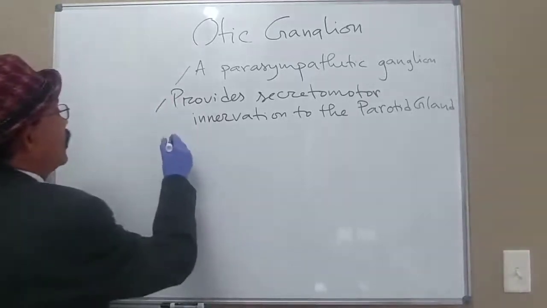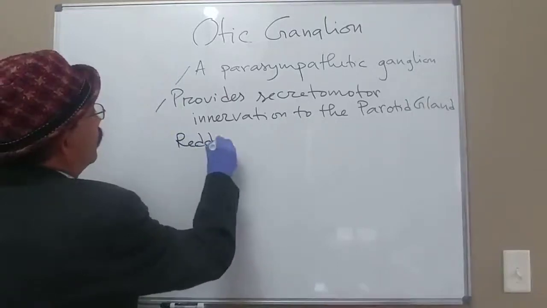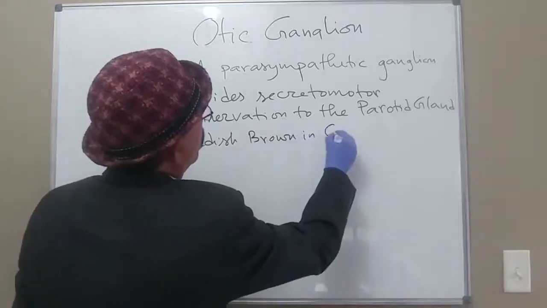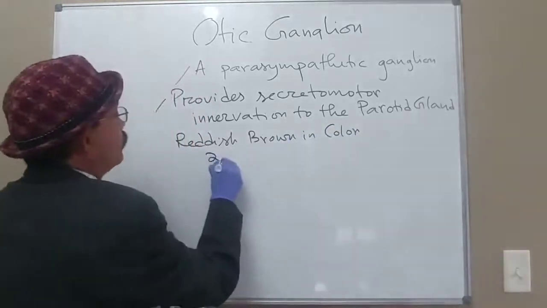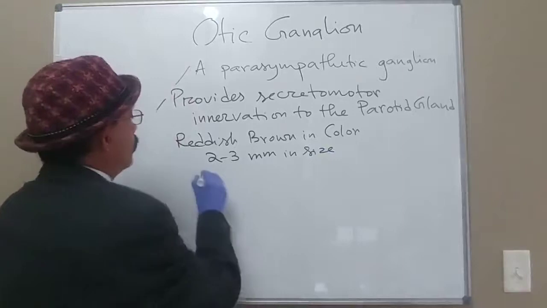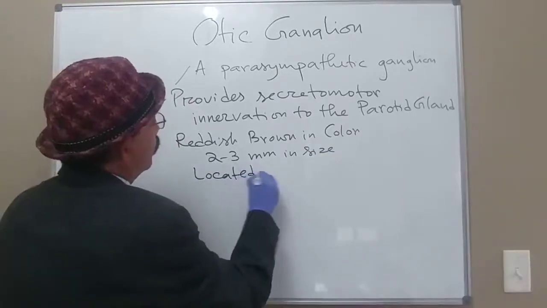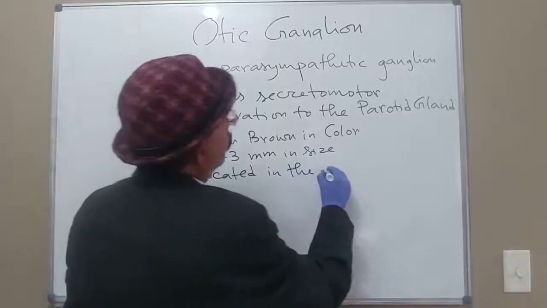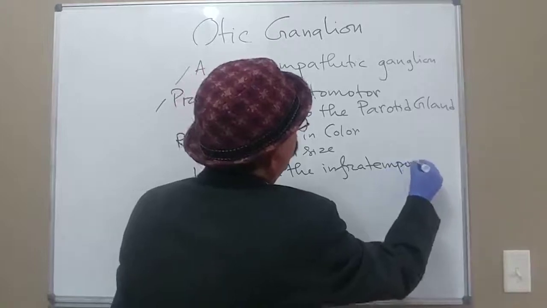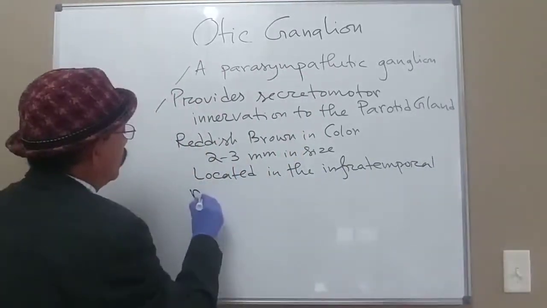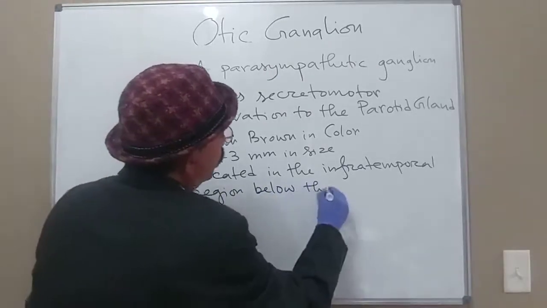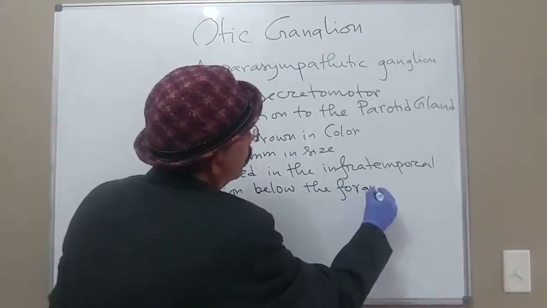This is reddish brown in color, about 2 to 3 millimeters in size, located in the infratemporal region, below the foramen ovale.